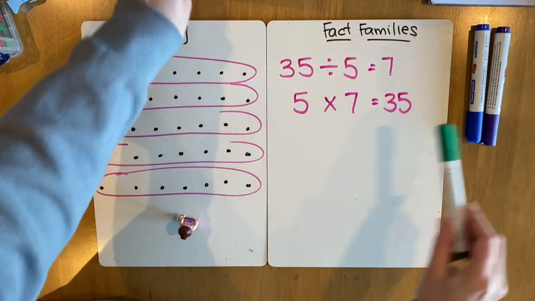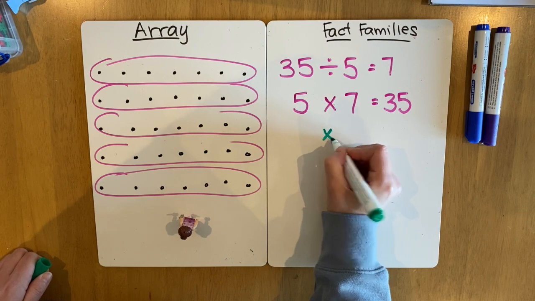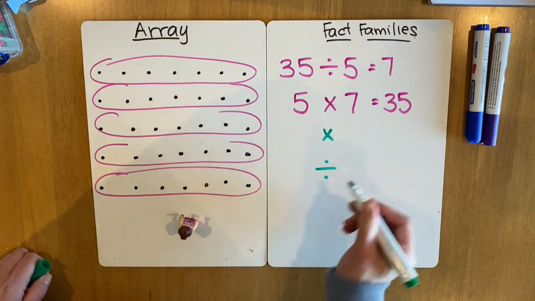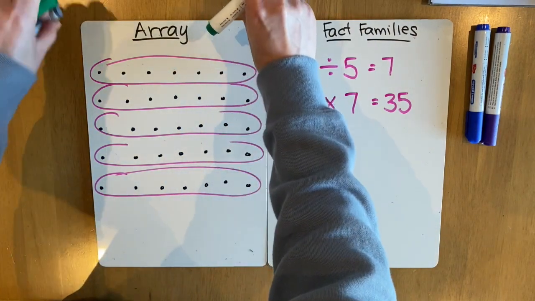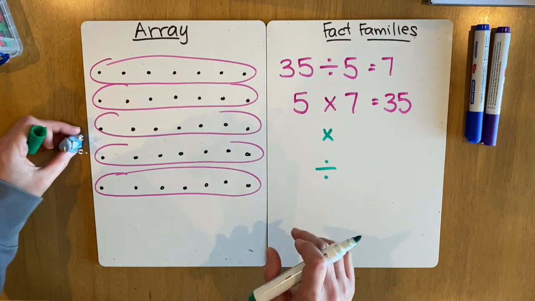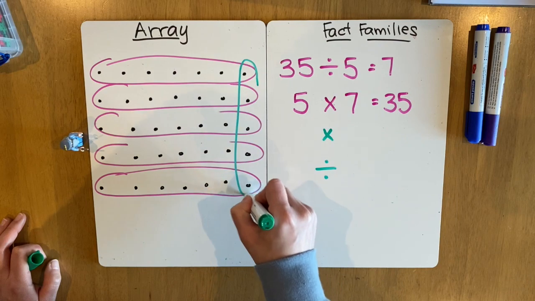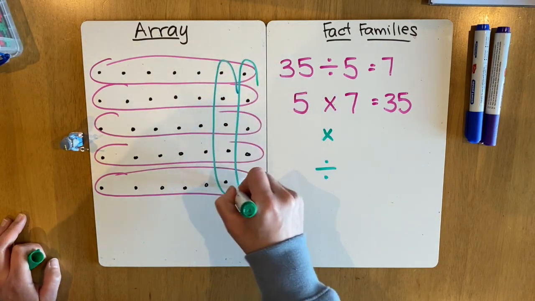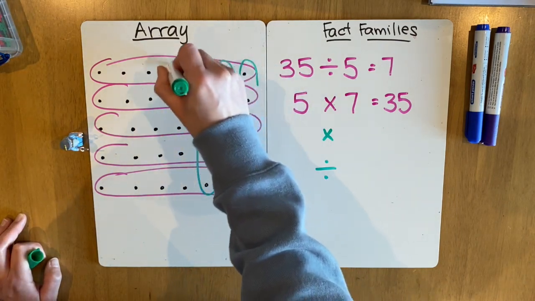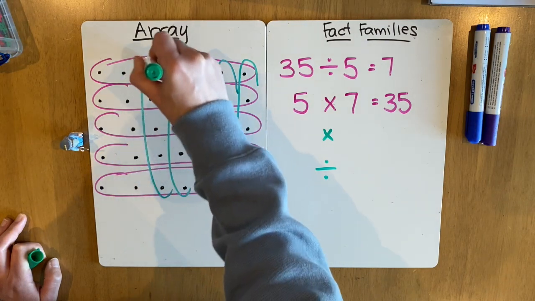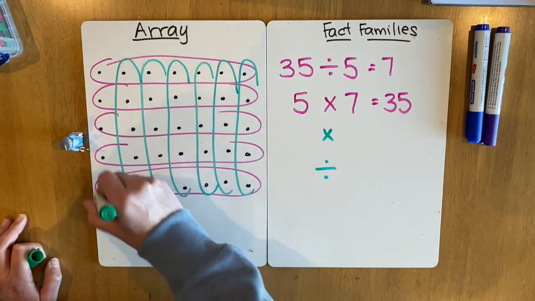Let's now do the multiplication and the division. So that will be Dumbledore's perspective. I'm going to circle it the other way now. You can see this. There we go.